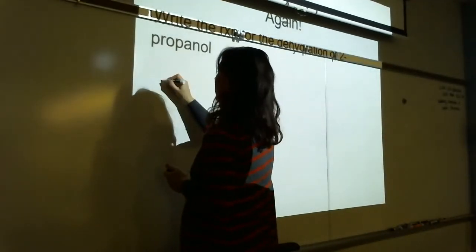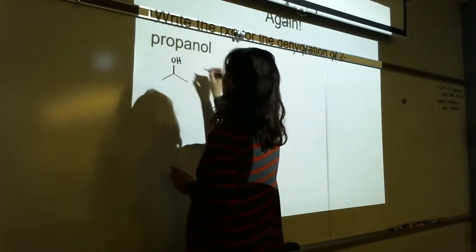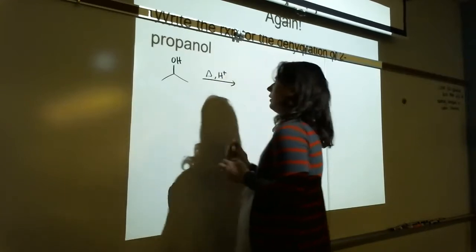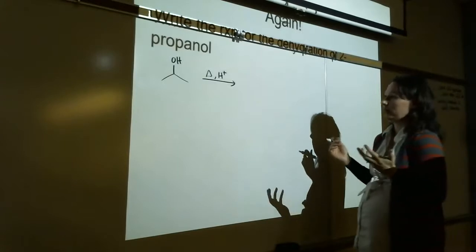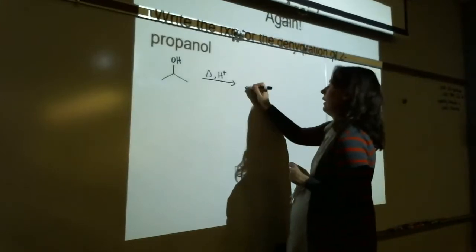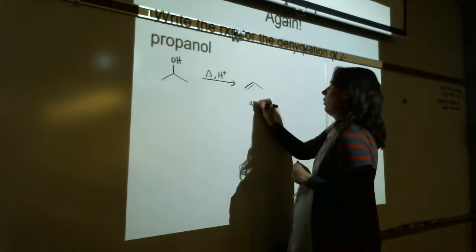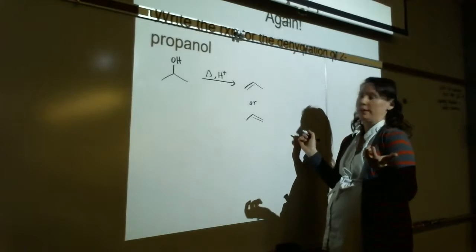So 1, 2, 3, 2-propanol. Catalyst would be heat and acid. Is Zaitsev's rule going to apply here? No, right? There's only one organic product, right? Because if you put it like this, or if you put it like this, are they the same molecule? Yes, they're the same.